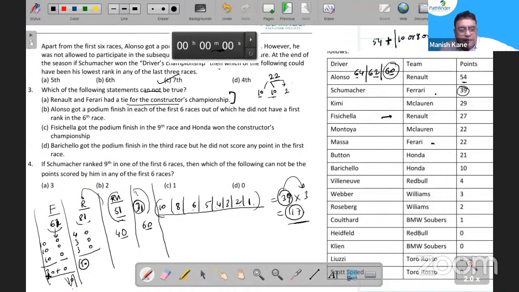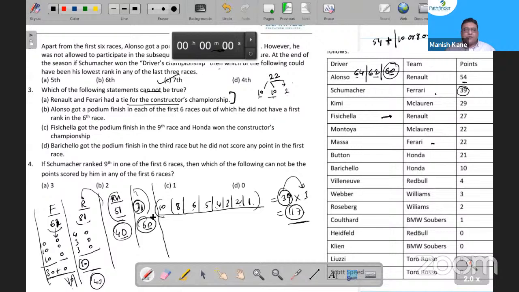Out of which, if 30 is obtained by Ferrari and 10 by Renault, so 40. Right? So can these teams obtain 40 and 60 points respectively?